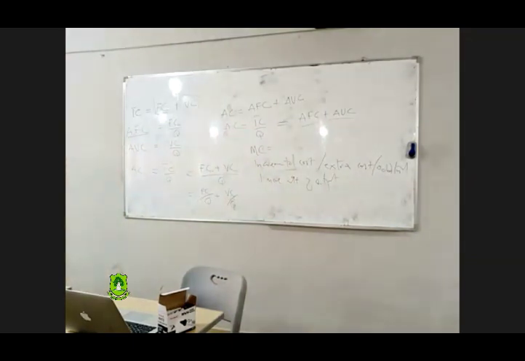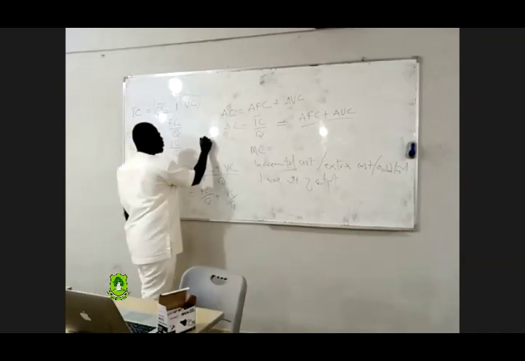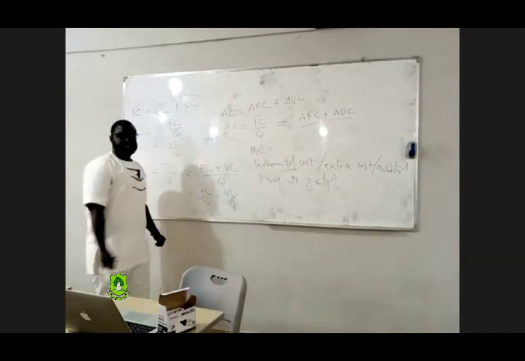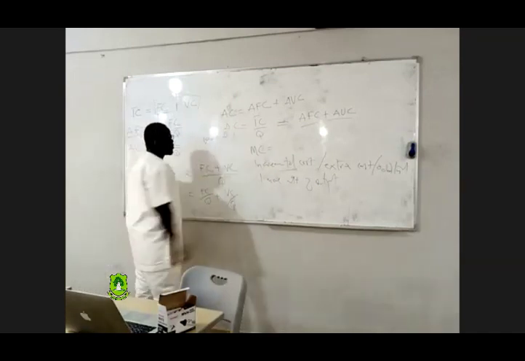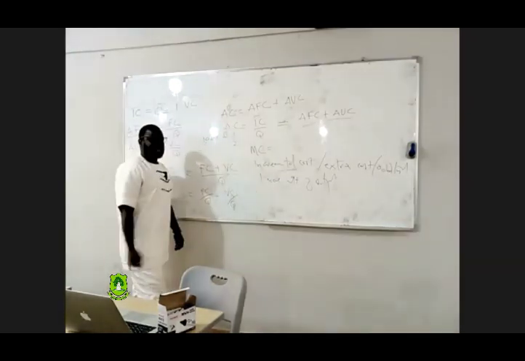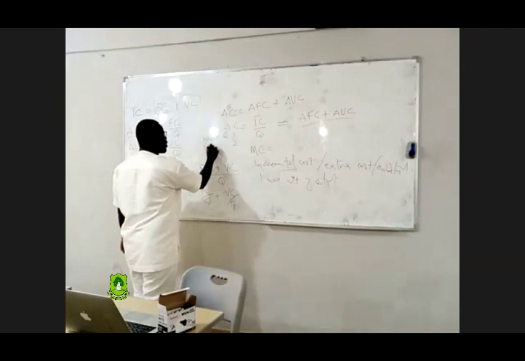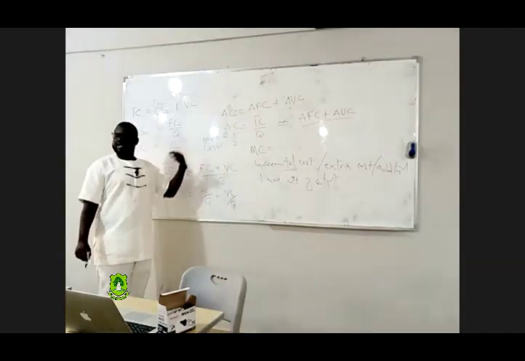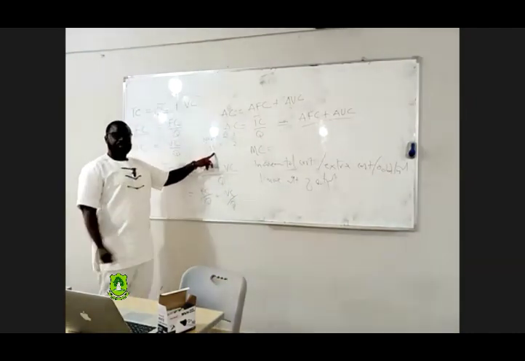So for marginal cost, we are looking at the extra amount that you are going to spend if you want to produce one more unit. For instance, if I'm incurring 1,000 cedis to produce one output, and if I want to produce 2 outputs I'm going to incur 1,050, which means the extra cost is 50 cedis.